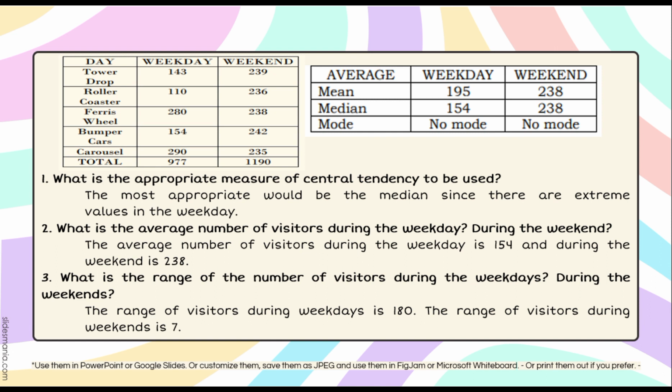That is why our conclusion is that the management should open the amusement park during weekends, because there are more visitors coming during these days. As you can see in the table, we have a lot more visitors during the weekend.